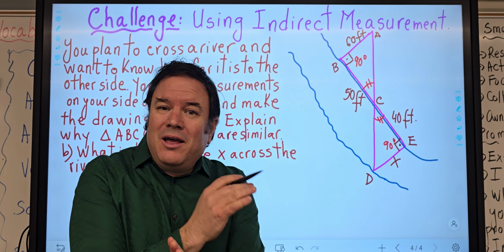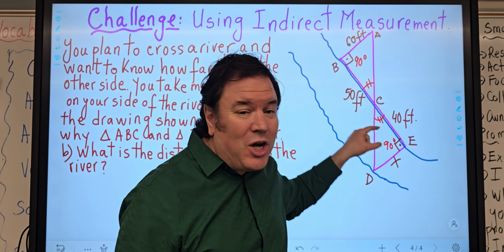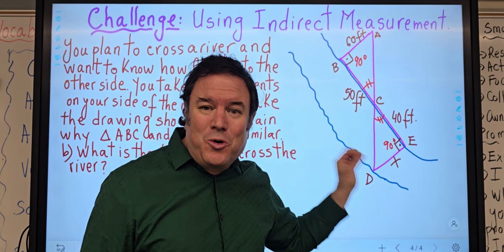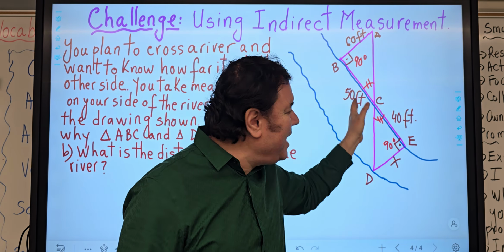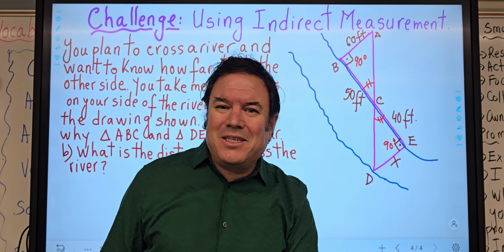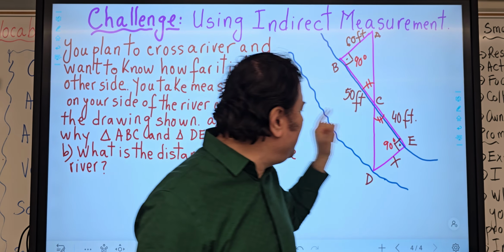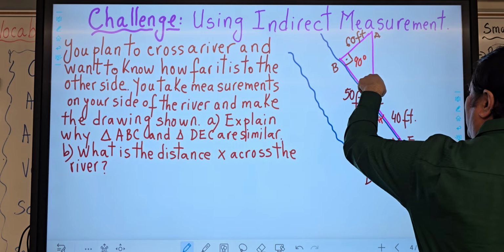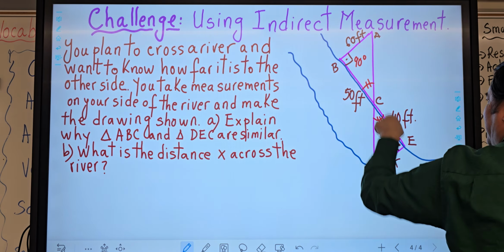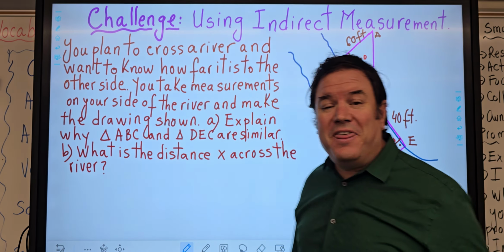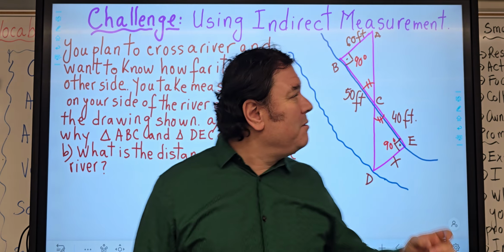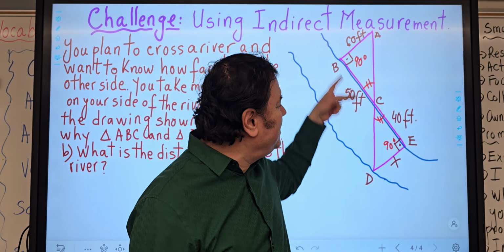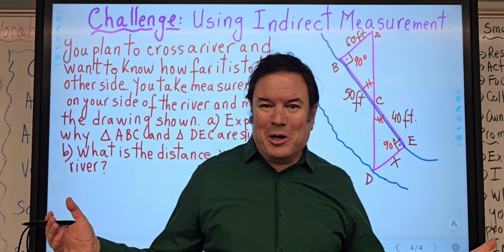So remember, if we see angles that are opposite from each other, these are congruent. They are vertical angles, and vertical angles are always congruent. So now we know that this triangle and this triangle have these angles in common. Therefore, since both of these triangles share two angles the same, they are similar.